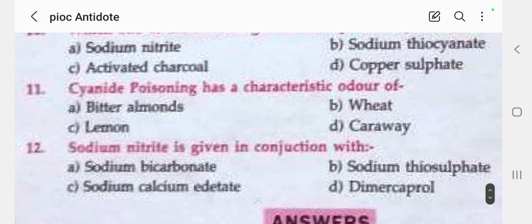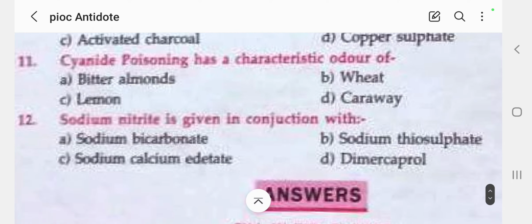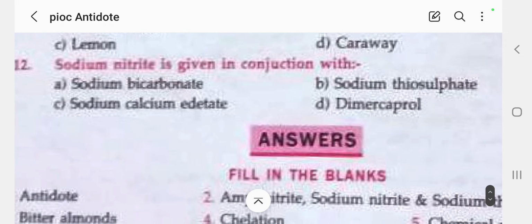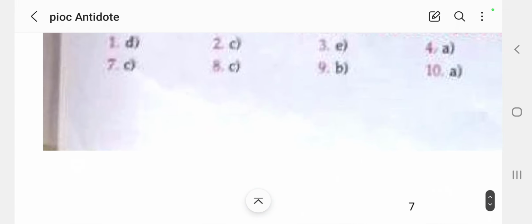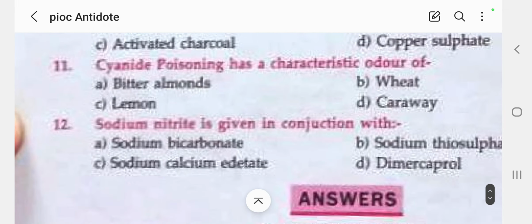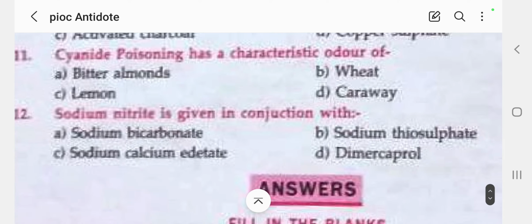Next, cyanide poisoning has a characteristic odor of bitter almond. Sodium nitrite is given in conjugation with what? Sodium bicarbonate, or sodium thiosulfate, or sodium calcium edetate, or dimercaprol.